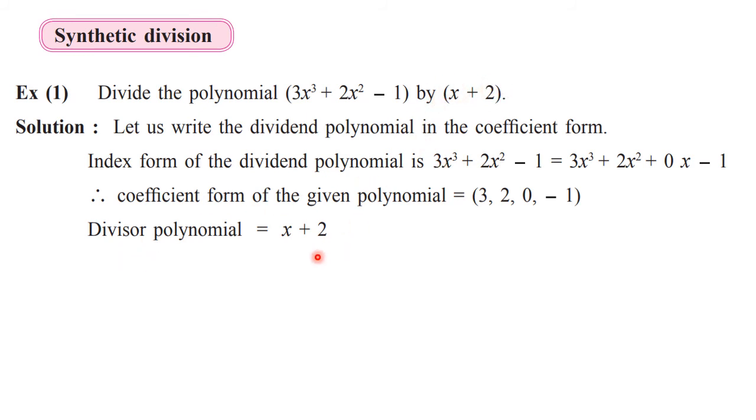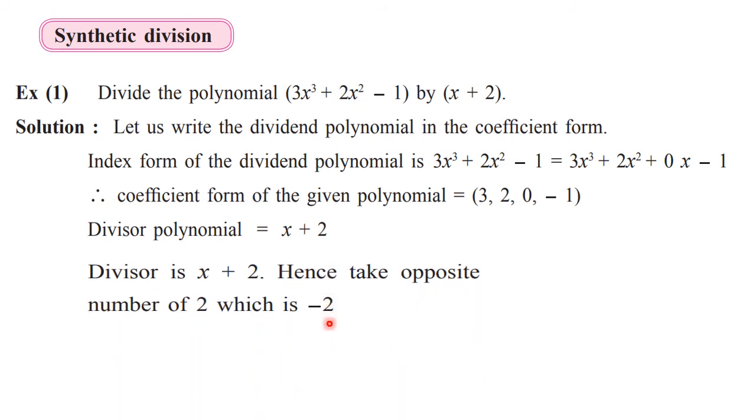So here the divisor polynomial is x plus 2. So this divisor polynomial we have to compare with x plus a, and always we have to take the opposite of a, that is minus a. That means if we have plus 2 here, therefore we are going to take minus 2. Okay. So take the opposite number. So here plus 2 is there, so opposite of plus 2 is minus 2.